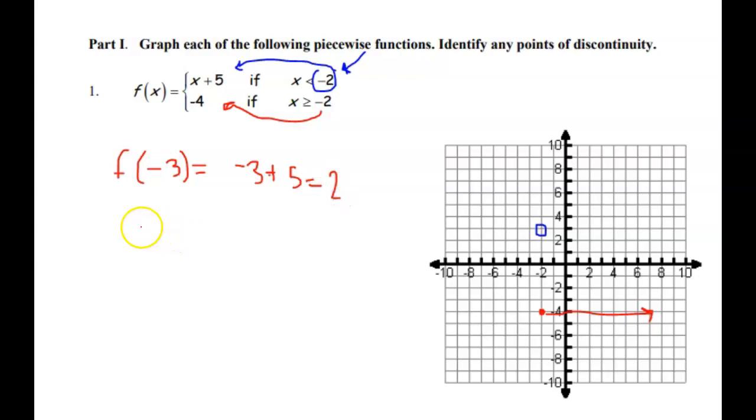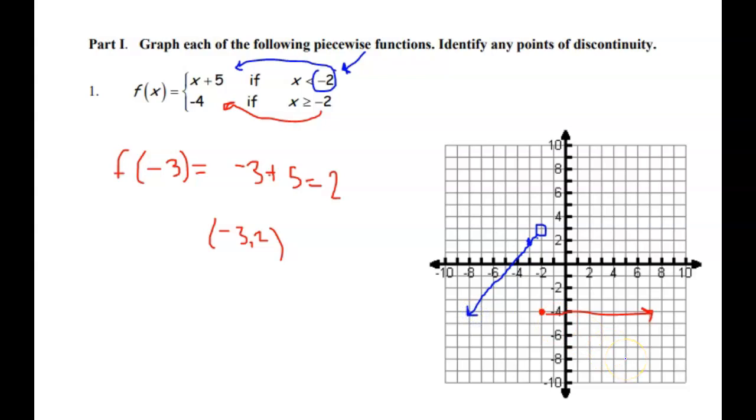So at -3, we're going to be at 2. And this is for all my values that are less than -2. So give me my blue pen. Then I go to -3, which is here, and then I go to 2, which is there. Bam. Draw my point. I need 2 points to make a line. And so I'm going to, again, highlight everything to the left side of this line.